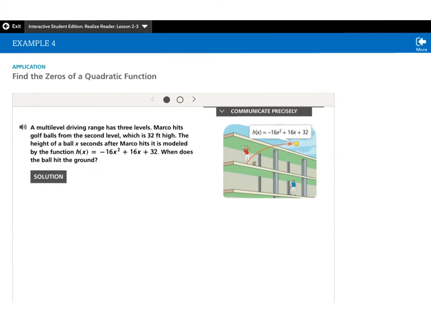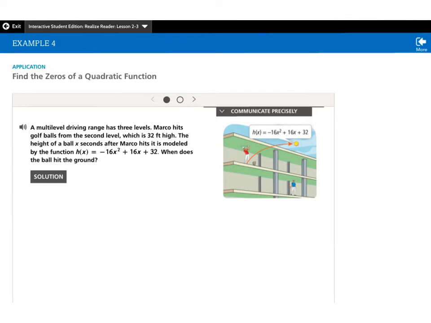In this whole chapter of quadratic equations, you're going to find a lot of similar problems where a ball is thrown from a certain height or a diver flies out of the diving board at a certain height. They have a lot of similarities because they form a quadratic function with a parabola shape, right? So let's look at this. A multi-level driving range has 3 levels.